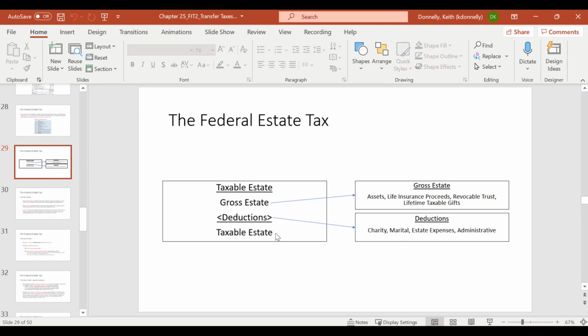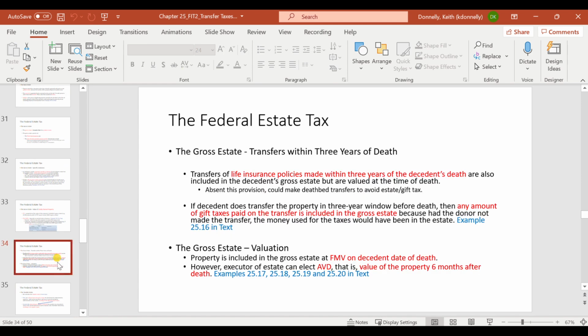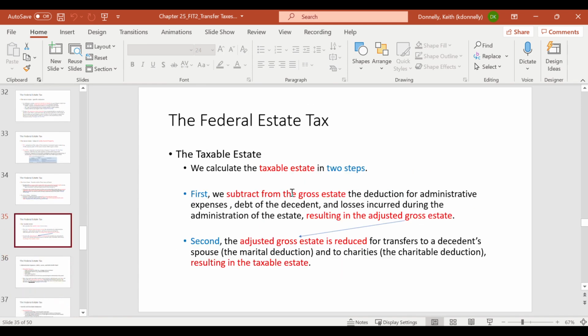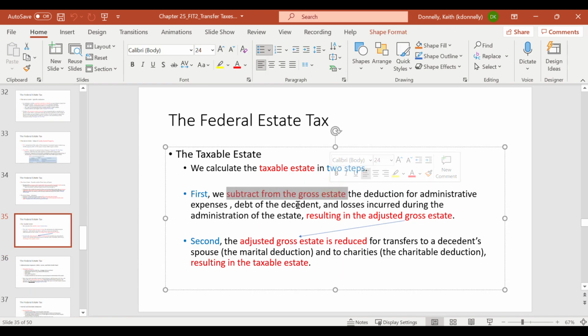Now we want to get to your taxable estate, which means implicitly we're going to talk about some deductions. So the first thing is we subtract from the gross estate the deduction for administrative expenses, debts of the decedent, and losses incurred during the administration of the estate. Then we subsequently reduce it for the marital deduction and the charity deduction, giving taxable estate.